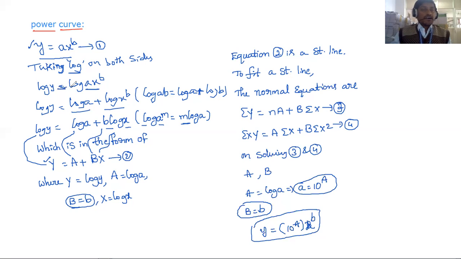Then we apply the formula log AB is equal to log A plus log B, and log A power m is equal to m log A. So it is in the form of a straight line, where capital Y is equal to capital A plus capital B times capital X. Since that is a straight line, we write the normal equations and simplify.